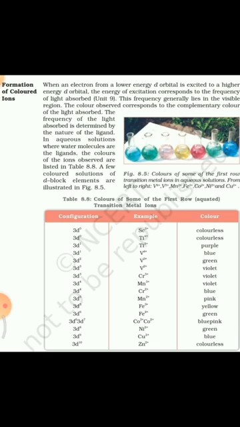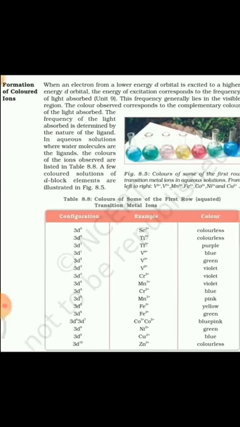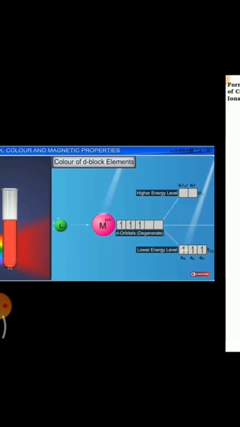The lower t2g orbitals include dxy, dyz and dxz, and the higher eg orbitals include dx square minus y square and dz square.